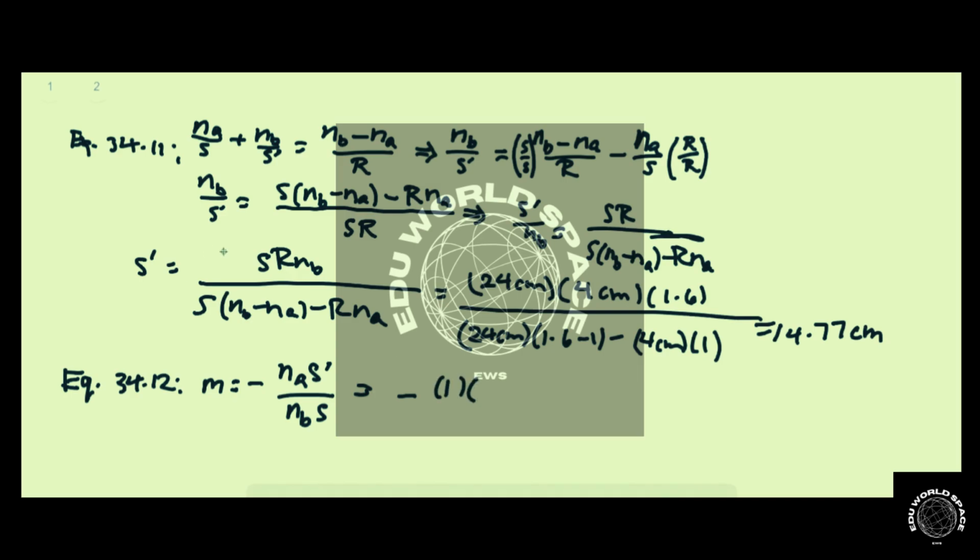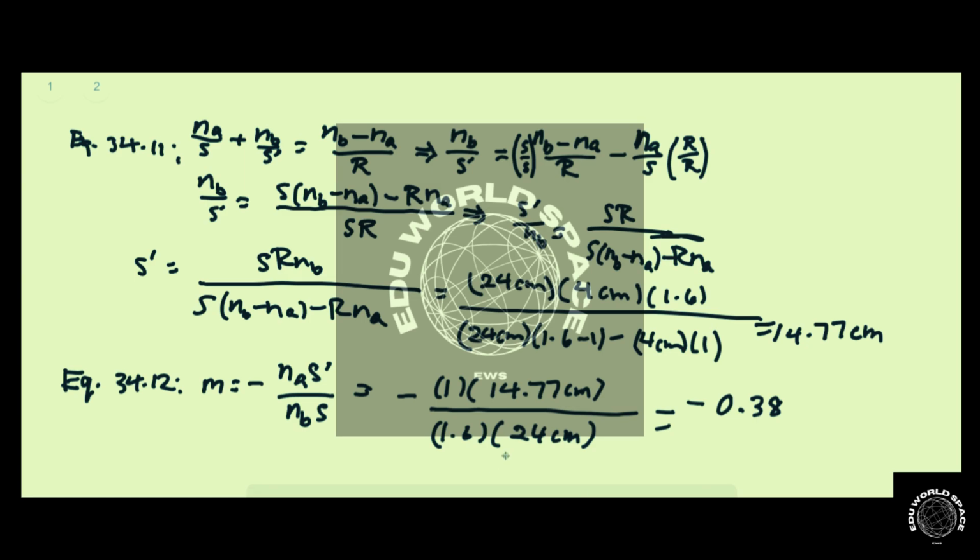S prime we found just now to be 14.77 centimeters. Nb, that is 1.6, and S is 24 centimeters. So this gives us minus 0.38.